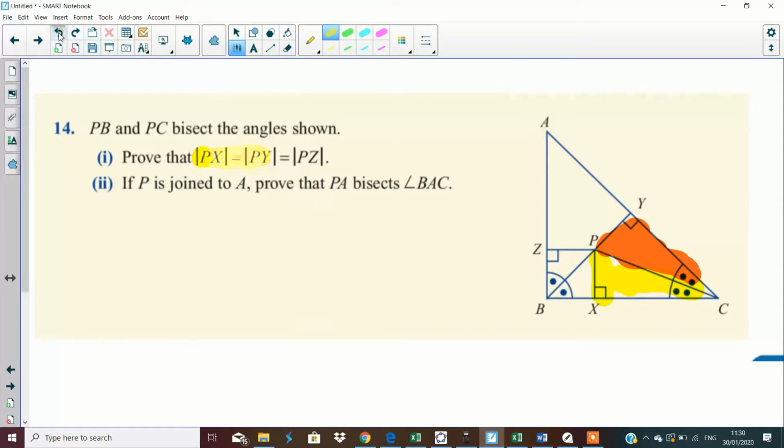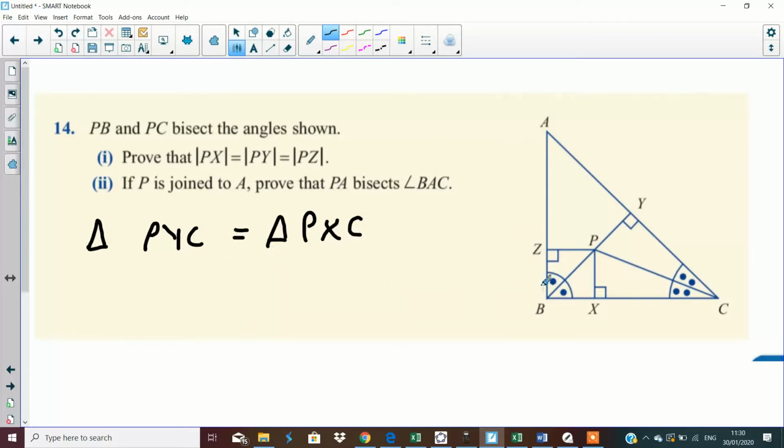Alright. What are the names of the orange and yellow triangle respectively? What are they called? PYC and PXC. So triangle PYC and triangle PXC.